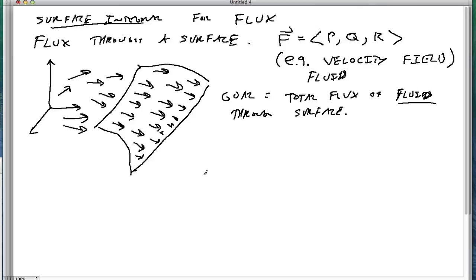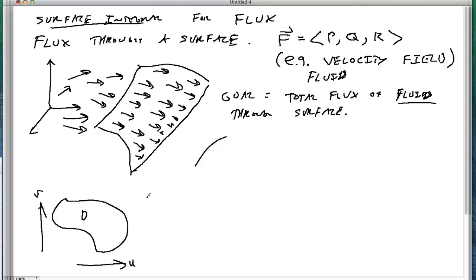Okay, so let's operationalize this thing a little bit. So again, we have our set D, and that's in our UV space. And we map that with our vector function, r of u, v, and we map that to this surface living in three-dimensional space.